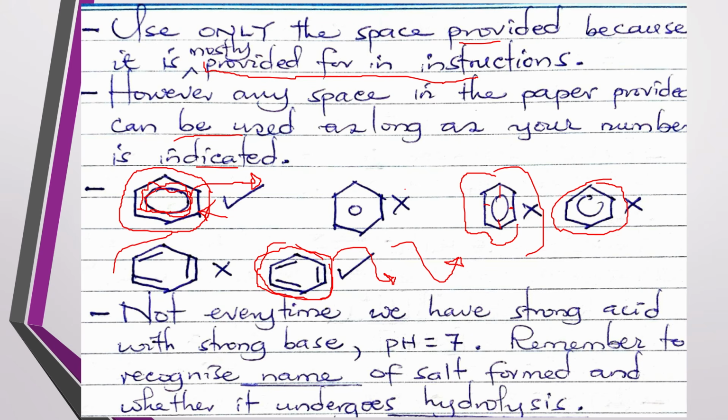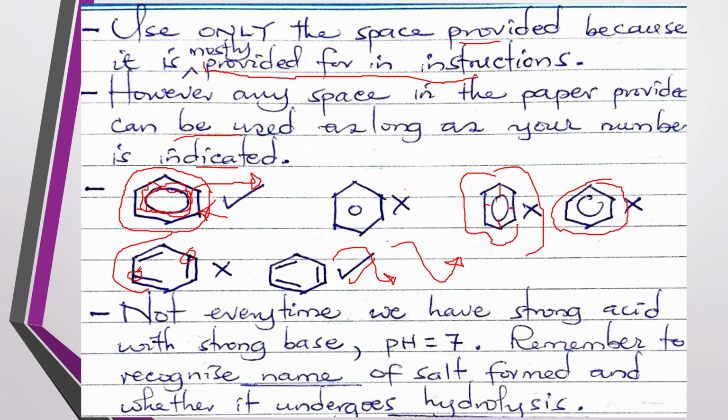So this one is wrong because the bonds are touching or passing through the hexagonal shape. So that does not qualify to be the structure of benzene. You make sure that the bonds, the pi bonds, are free inside the hexagonal shape. And that qualifies to be the most correct formula for benzene.